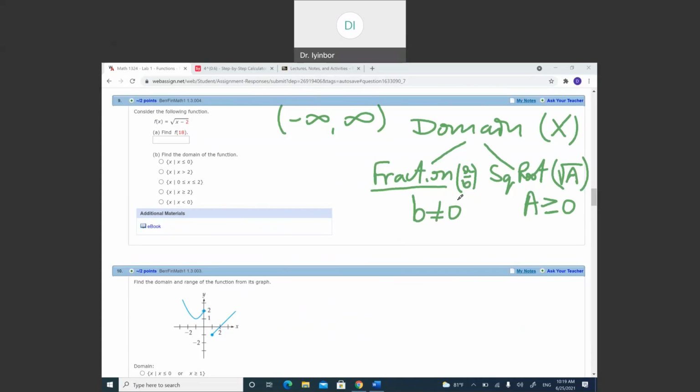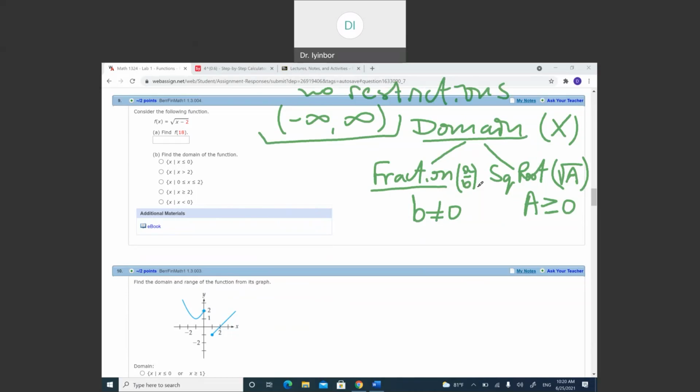For a square root, everything inside the square root has to be greater than or equal to 0. These are the signs you're using. And if you have no fraction and no square root, there are no restrictions. If you have no restrictions, the domain is negative infinity to infinity. If you have a fraction and a square root, these are the restrictions you have to apply.